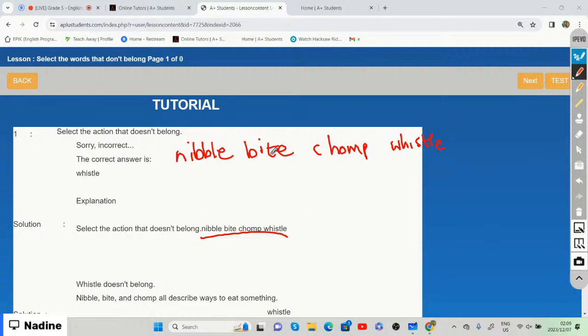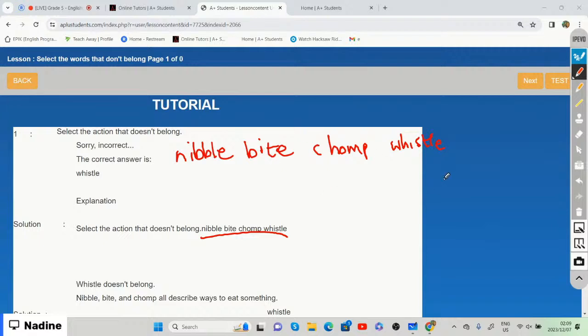So we have nibble, bite, chomp, whistle.